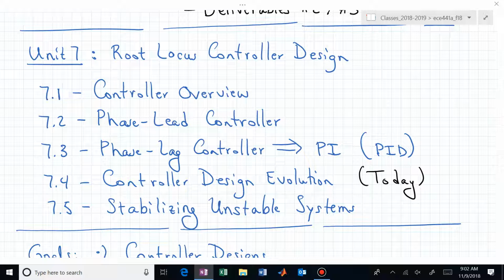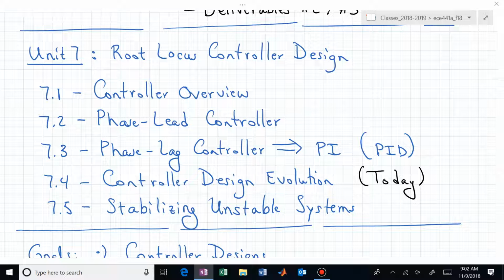Between when we did phase lead and today, I've now supplied you with a phase lag controller material, video on D2L that discusses mainly a PI controller, which allows you to think about steady state accuracy. The phase lead was worried about transient behavior.